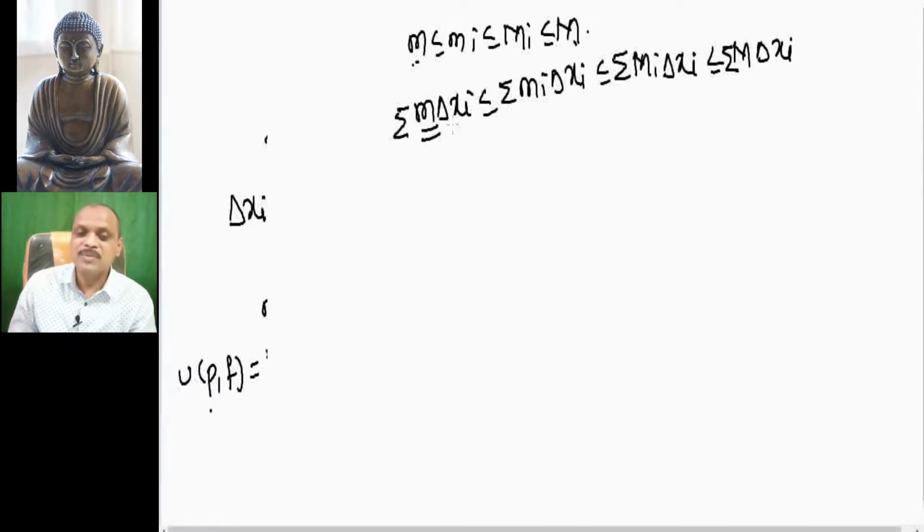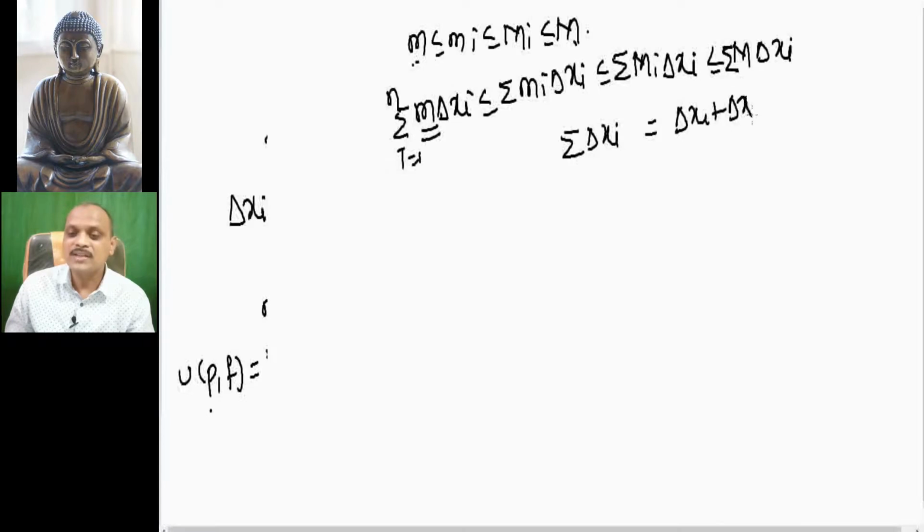Taking the summation, small m and capital M are constants over i equal to 1 to n, not dependent on i. So let us take the summation of delta xi, i equal to 1 to n. This is equal to delta x1 plus delta x2 plus up to delta xn. What is delta x1? This is x1 minus x0, plus x2 minus x1, plus up to xn minus xn minus 1.